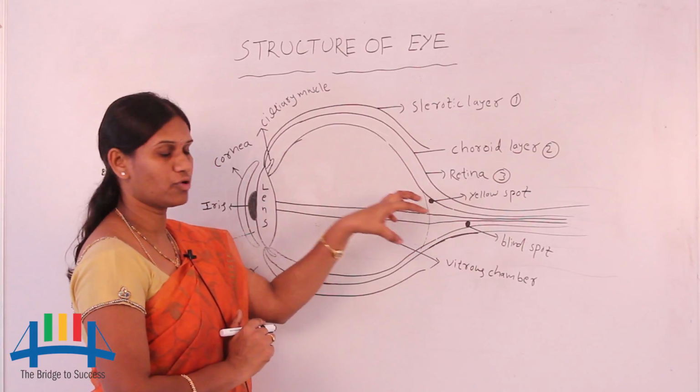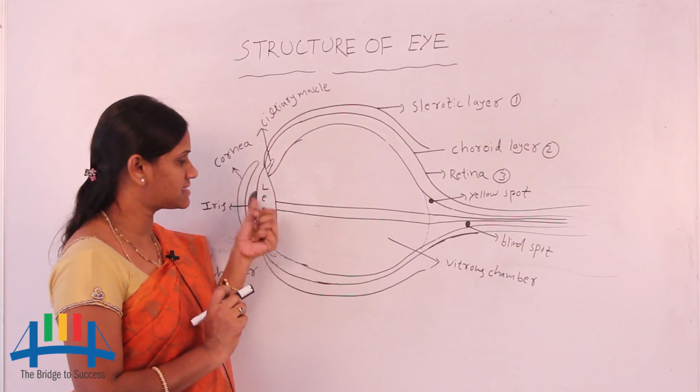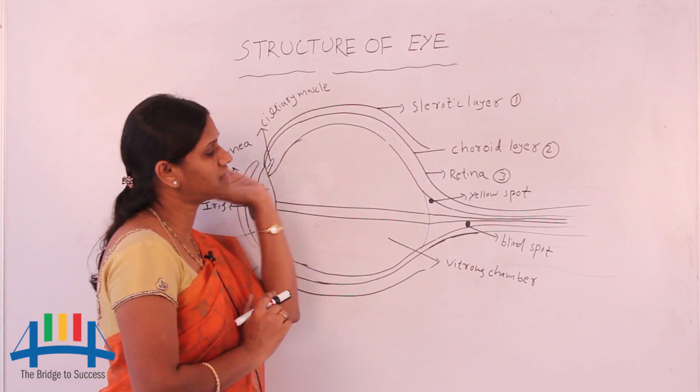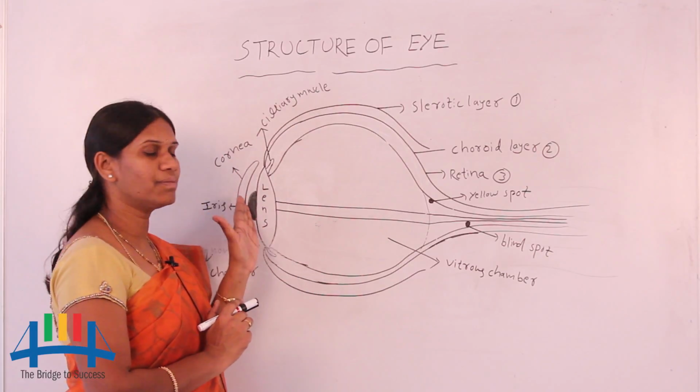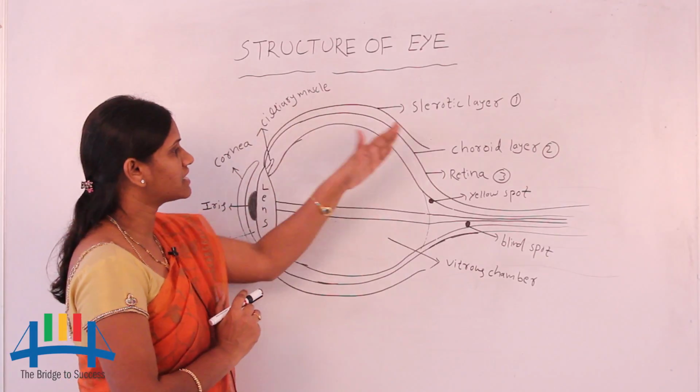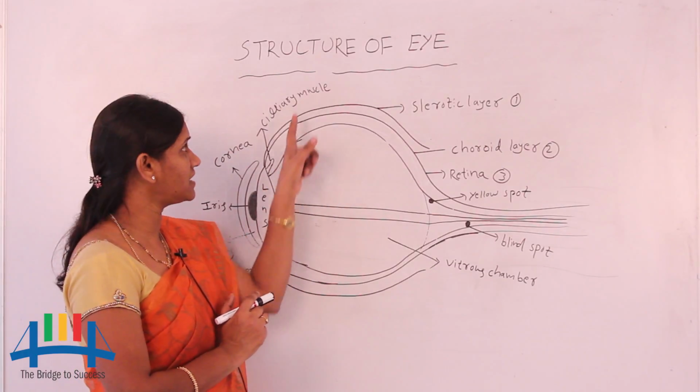The yellow spot grasps the image through the help of the cornea and lens. These three are very important for the passing of the image. The remaining three layers protect the remaining parts of the eye. So there are three layers and three image-passing parts of the eye.